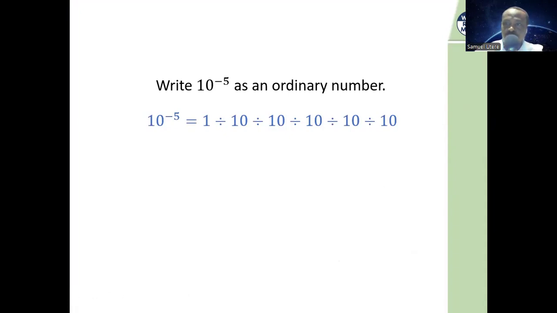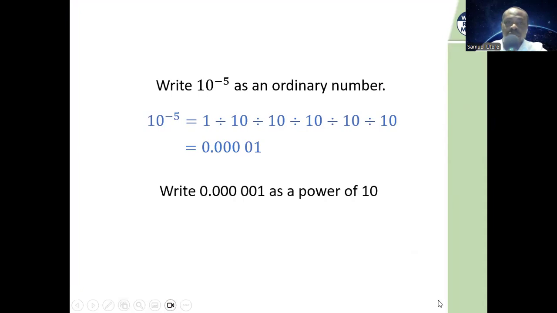Thinking about what we learned from the pattern, as you go lower down the powers of 10, so 10 to the power 0, 10 to the power negative 1, negative 2, negative 3 means you're dividing by 10 up to 3 times, and negative 5, you can see you divided by 10 up to 5 times. If you do that, you're going to get 0.00001.